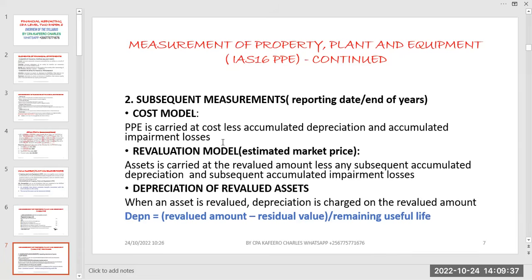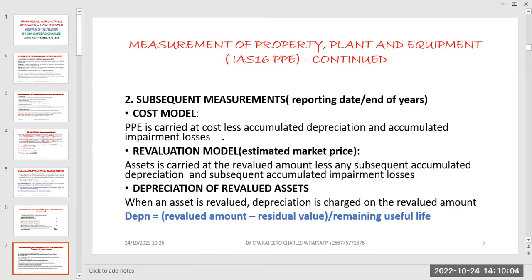If, let's say, you bought the asset at 10 million and now you take it to the market, or you go for revaluation, and you find that the asset bought at 10 million has reduced to 8 million, or it has increased from 10 million to 15 million, you get either a loss or a gain on revaluation, as we are going to be looking at.